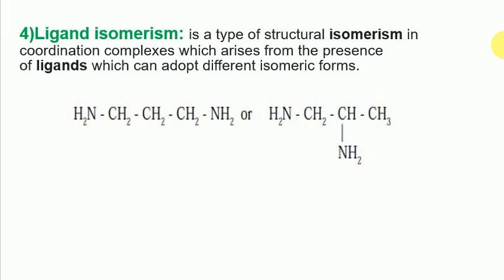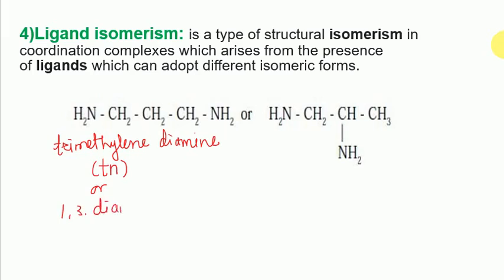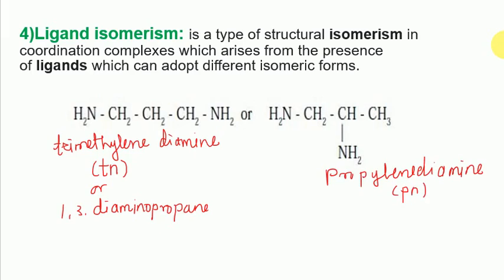For example, this is trimethylene diamine, which we can write in short as TN, or 1,3-diaminopropane, and its isomer is propylene diamine, in short PN, or the IUPAC name 1,2-diaminopropane.